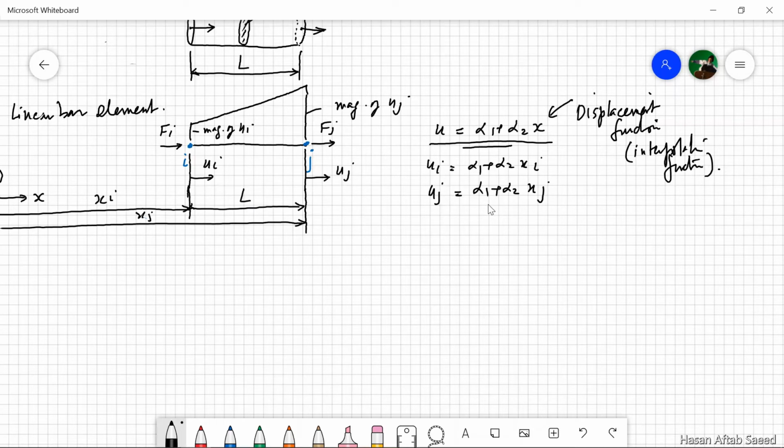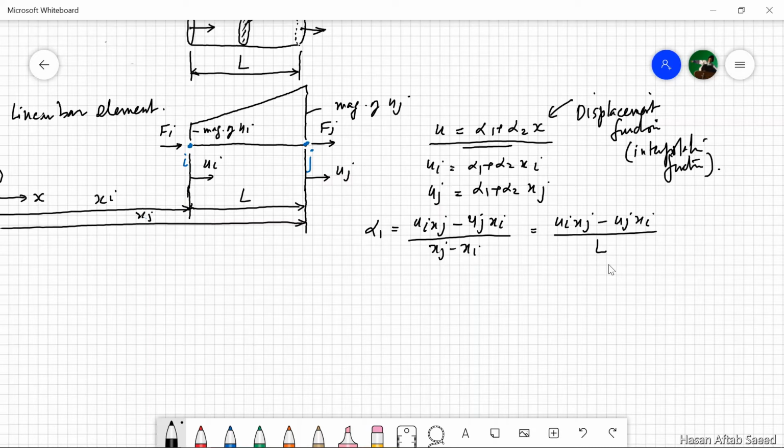We can solve them simultaneously, and it can be shown that alpha 1 turns out to be ui xj minus uj xi over xj minus xi, which is ui xj minus uj xi over L, because xj minus xi is L basically.